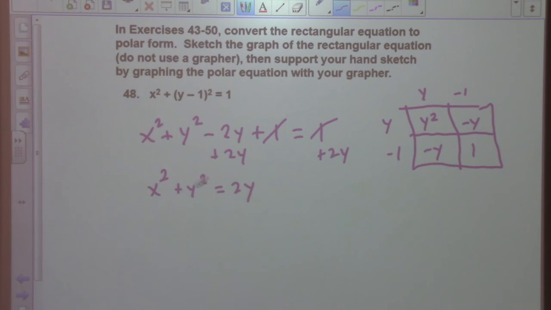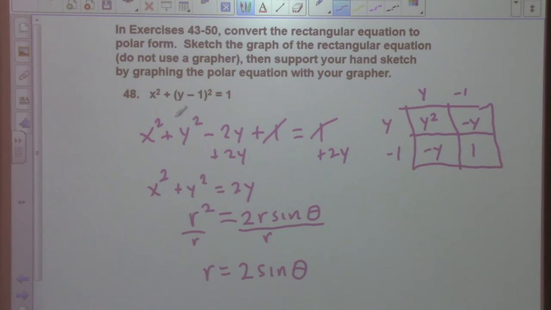What can we replace x squared plus y squared with? r squared, right? And then here we have 2r sine theta. And then what? If we divide by r, what do we get? We get r is equal to 2 sine theta.